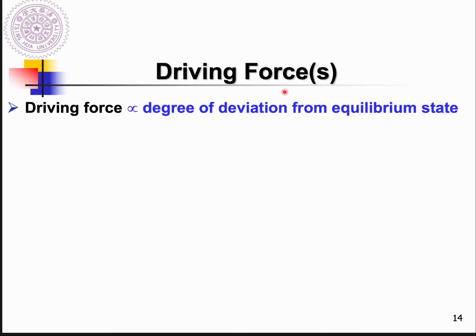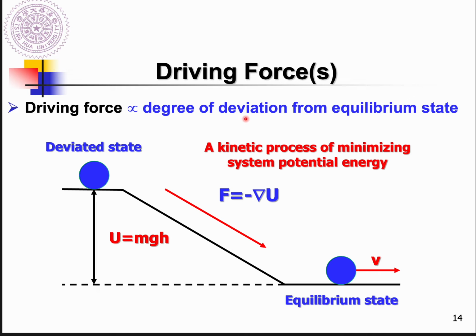The driving forces are proportional to the degree of deviation from the equilibrium state. What does this mean? I'm going to give you an example. If I have a blue ball and I put it on the floor and don't touch it, it is in the equilibrium state, right?